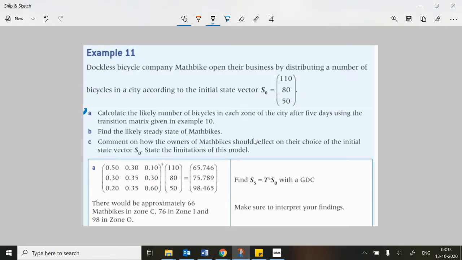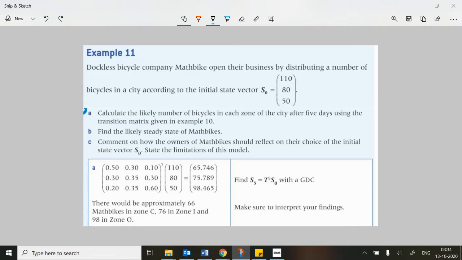So this one says a dockless bicycle company, and there's an initial state vector here. Our initial state vector we can call S0. If you want to write that down in bold, that's going to be S underlined 0.